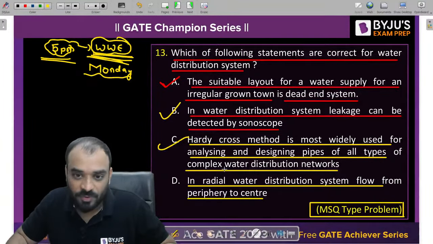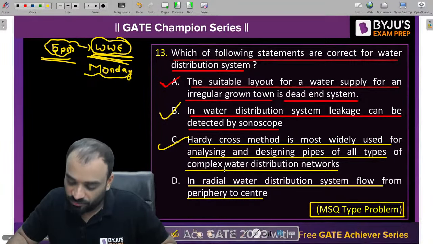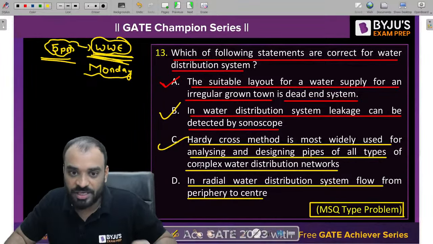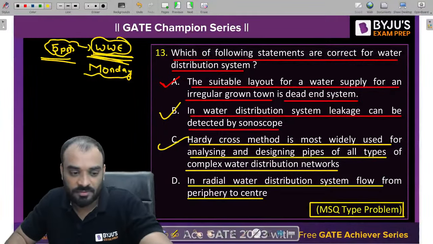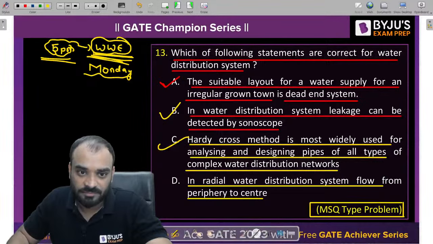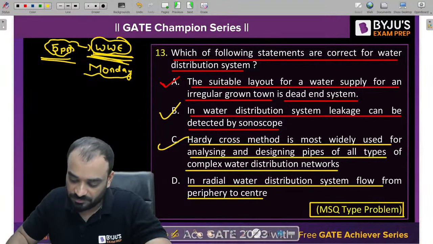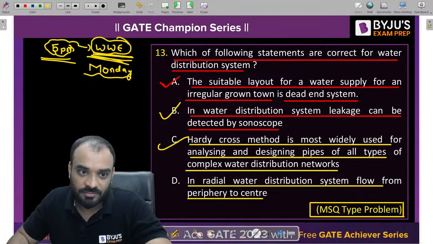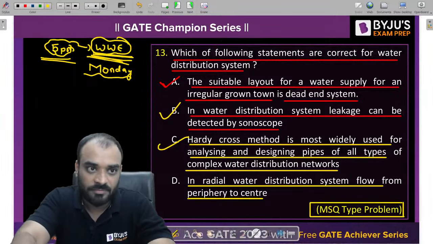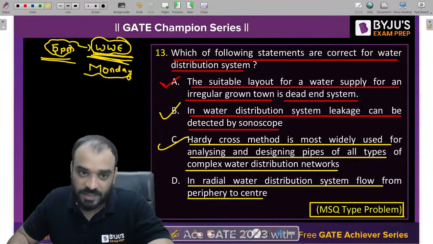Statement number D. What do you say? In a radial water distribution system, the flow is from periphery to center. Center to periphery. Okay. Any other student?